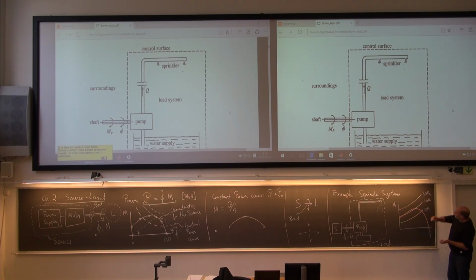So these are now three different load characteristics. And this one is now my source characteristics.